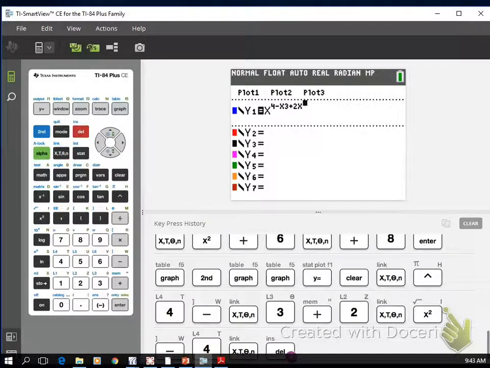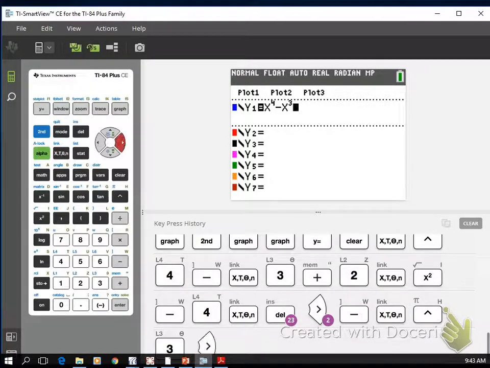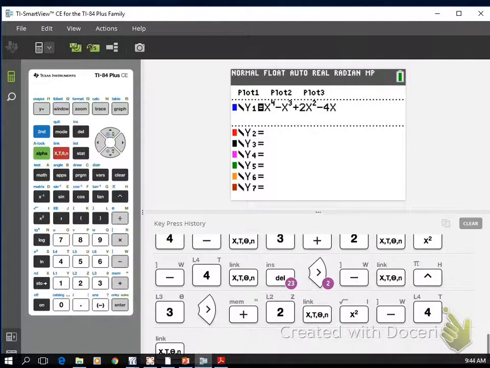Let me go back. These are all in exponents. I forgot to hit my arrow over. So anyway, I'll go back and retype. You probably didn't have this issue, so you should be in good shape. But I'll retype mine. Plus 2x squared minus 4x minus 8.